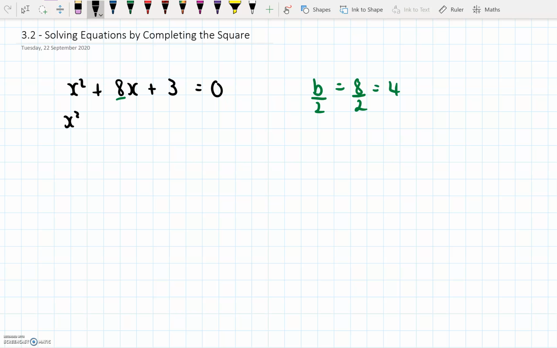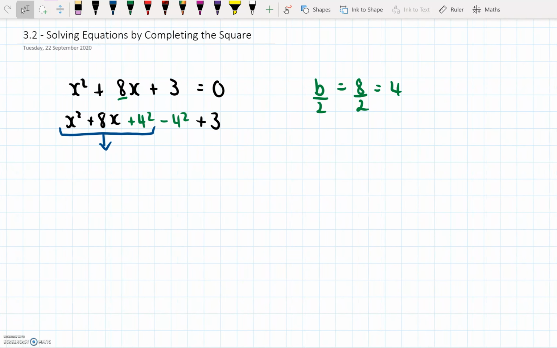Now we have x squared plus 8x. Move the plus 3 out of our way. Then we have plus 4 squared minus 4 squared. And remember, the reason we add it and then subtract it is because then we're not changing anything. This part here is now able to be written in the form of a squared plus b squared, or x squared plus y squared.